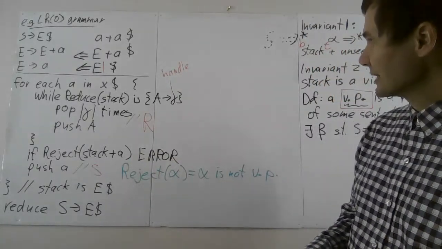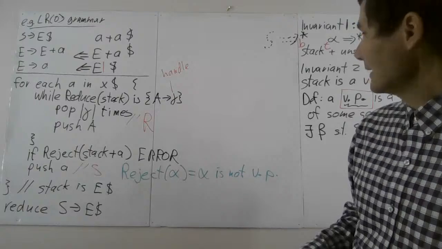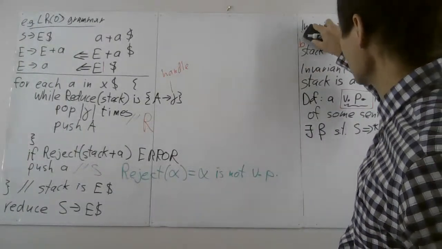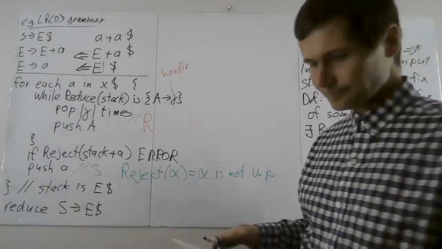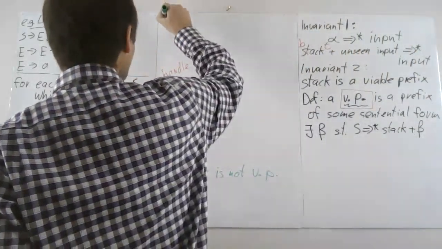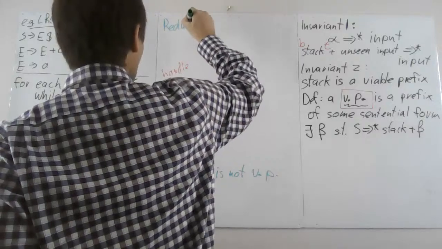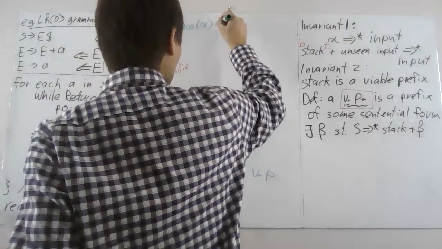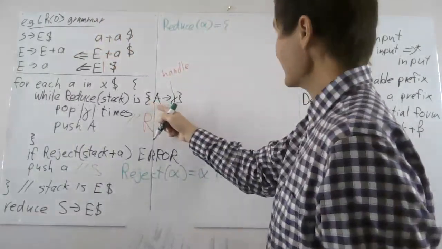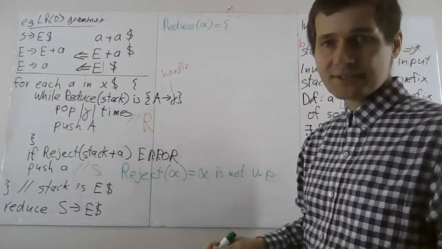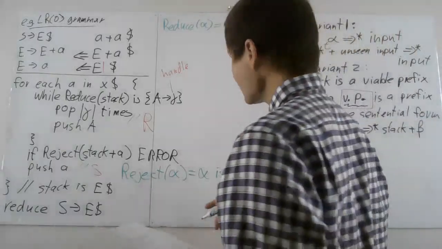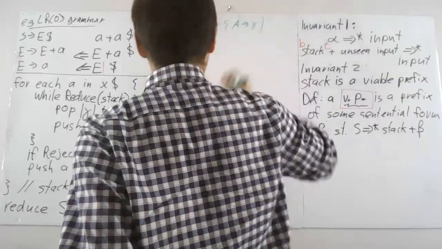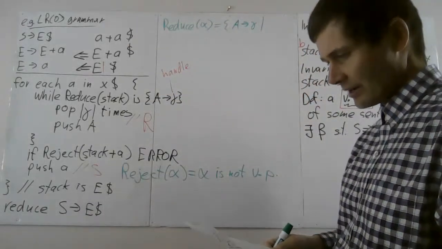Okay, what about reduce? And I'm going to try to get myself some more room here for reduce. All right. So reduce of some stack alpha. Now, reduce is supposed to be a set of production rules. So I'm going to make it a set. A goes to gamma such that, such that what?